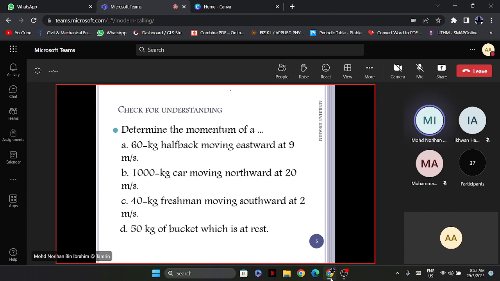By using the equation, for the first one, A, p is equal to mv. This one is a straightforward question. 60 times 9 is equal to 540 kilogram meter per second.